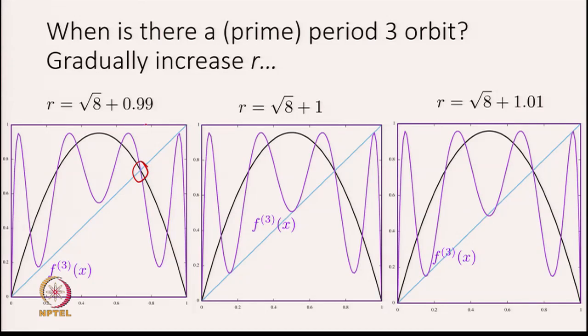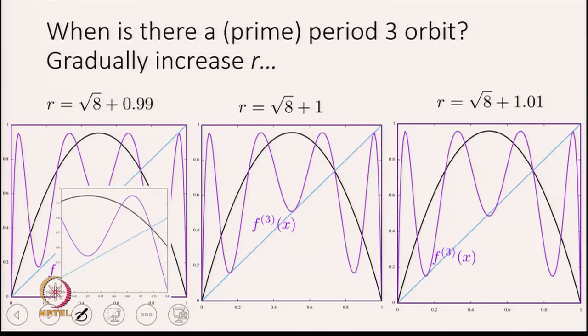So, f3 has an intersection, it happens to be the same as the intersection of f, which is 1 minus 1 over r, and that is all there is to it. There is no point which is purely of period 3.